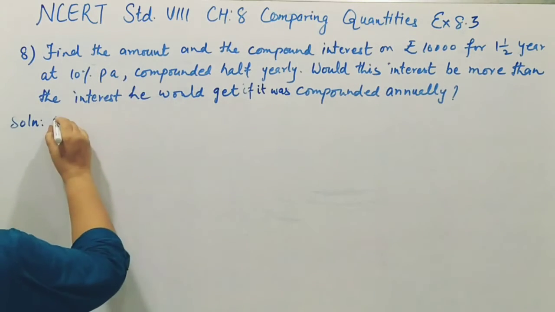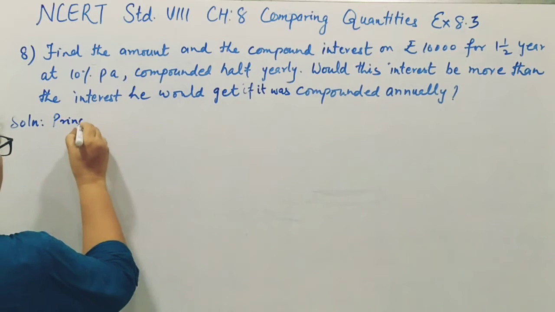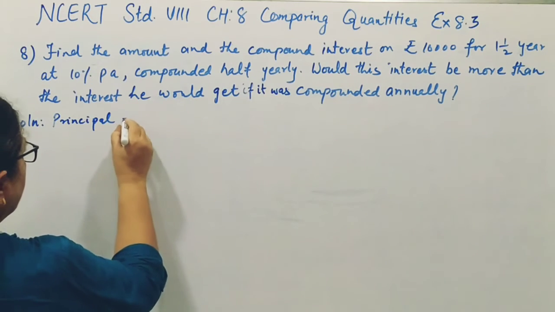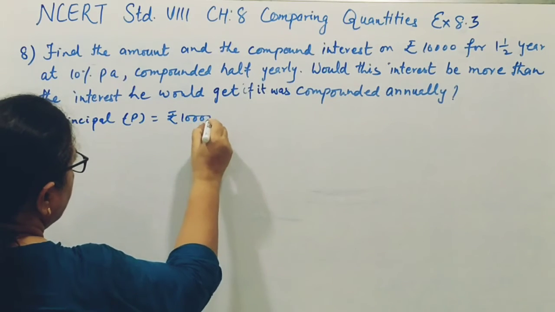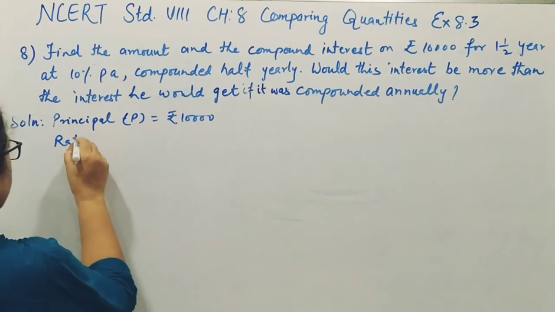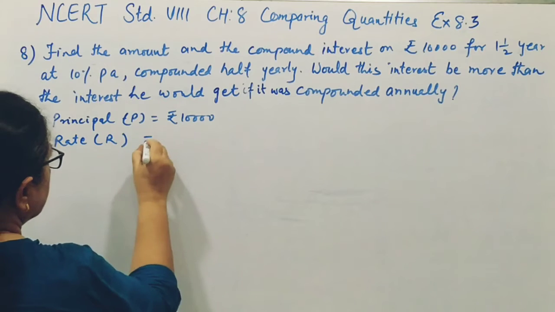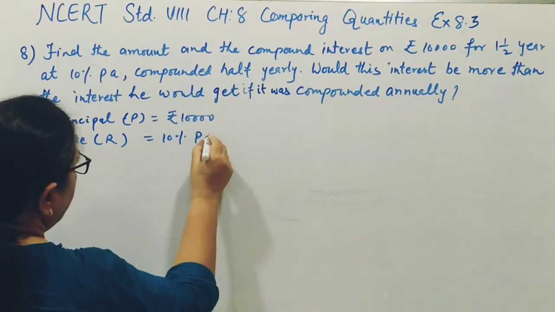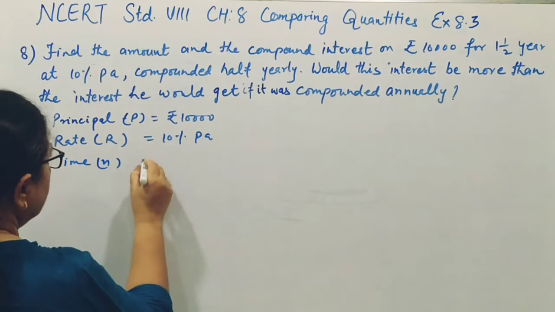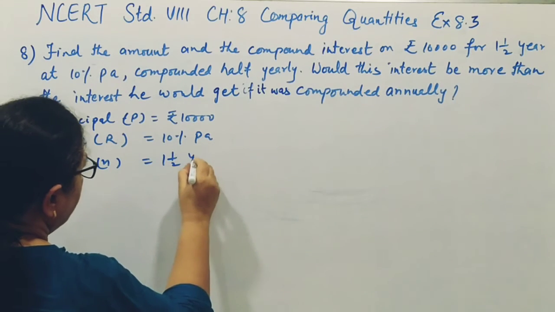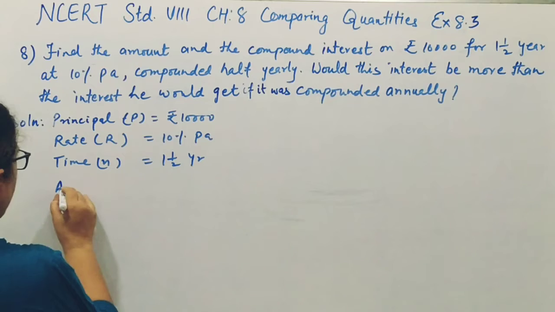So let us start. Principal, rupees 10,000. Rate, 10% per annum. Time, 1.5 year.